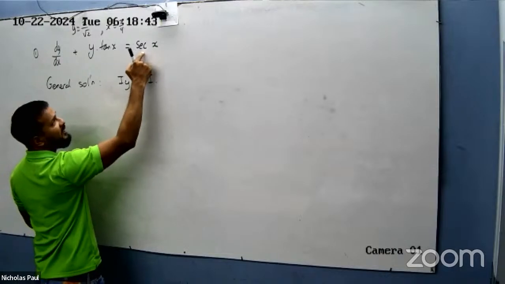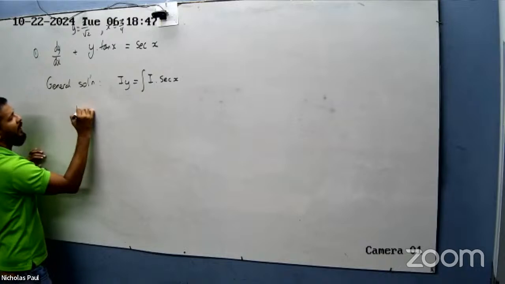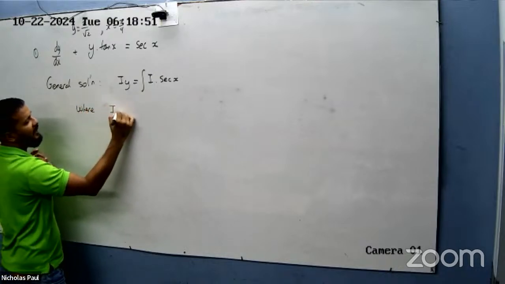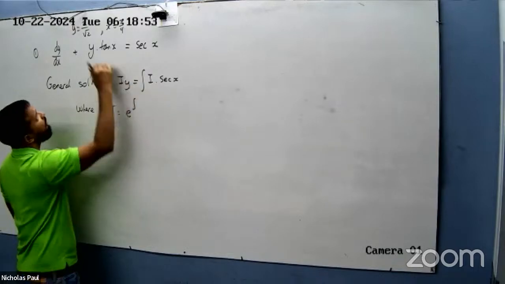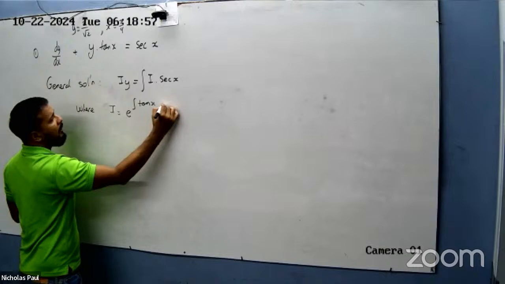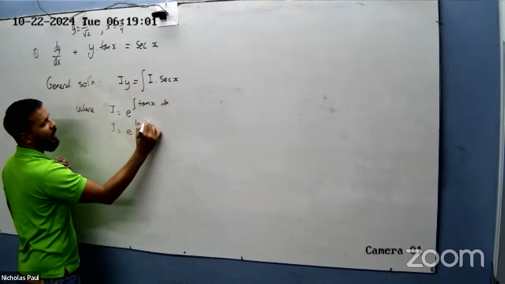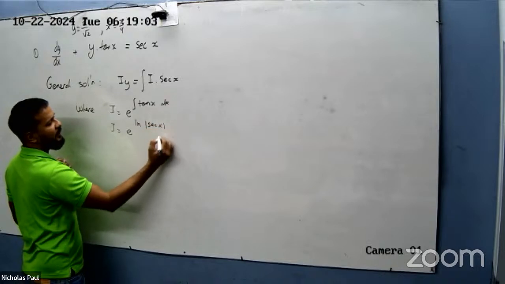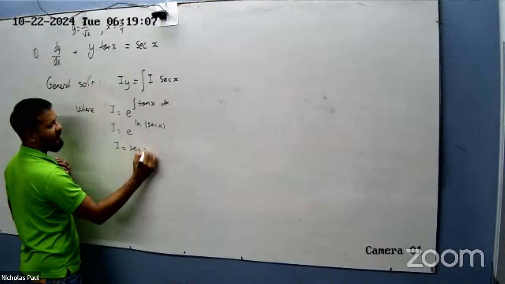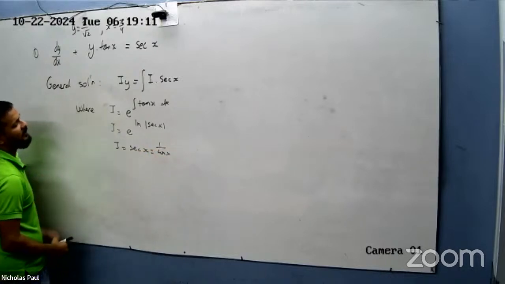Q is this, so I write sec x, where I is equal to e to the integral of tan x. The integral of tan x is ln sec x. The e and ln will cancel, so you'll get sec x. Remember, sec is 1 on cos.